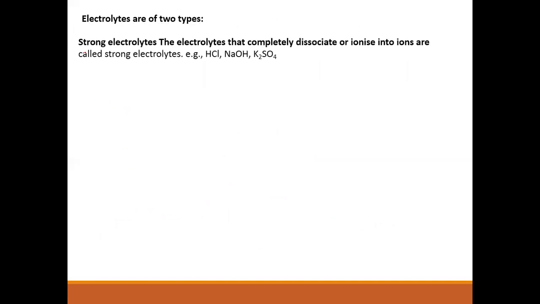Now we will proceed. Electrolytes are of two types. First, strong electrolyte. You know what is the meaning of strong? Strong electrolytes are those that completely dissociate, meaning complete ionization.